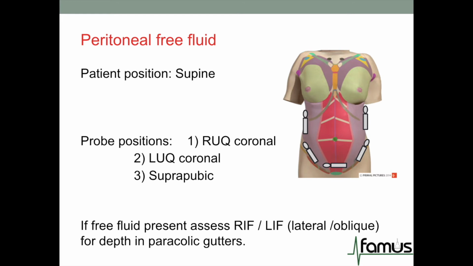And we will position the probe initially in a coronal position on the right upper quadrant to explore structures such as the liver, diaphragm, costophrenic angle, and kidney on the right, in order to identify particularly the kidney and the liver, and in the coronal position on the left, in order to identify the space between the spleen and the kidney.